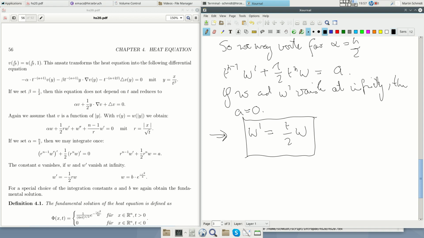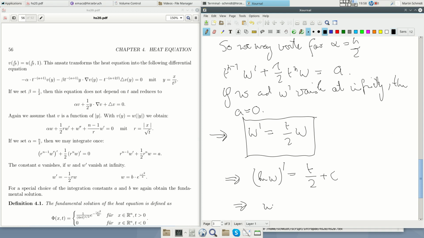And of course, this we may integrate. This tells us that ln w is equal to minus r squared over 4, plus some constant, of course. So exponential of, no, sorry, w, plus some constant.